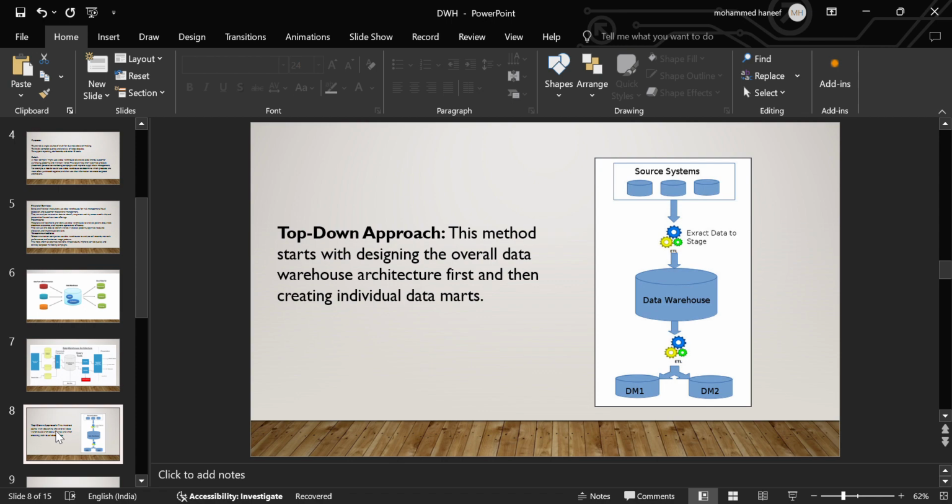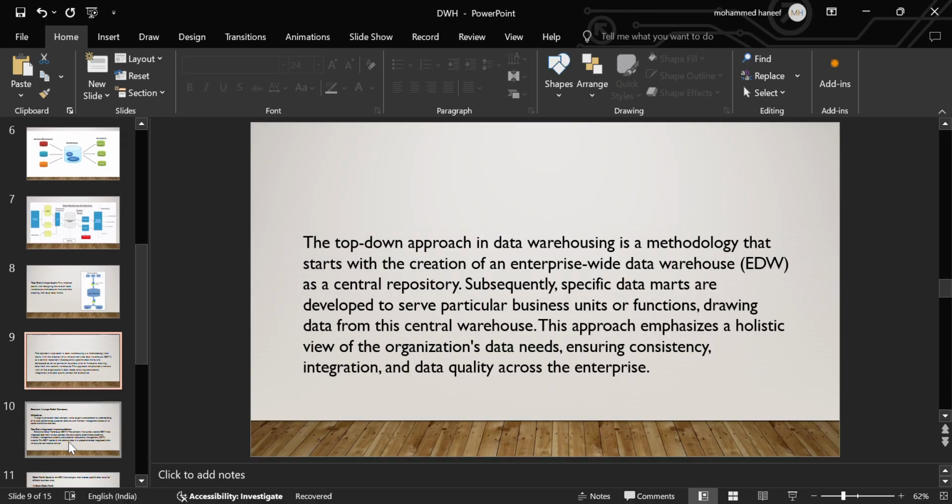From the top, you will be collecting data from the different source systems, loading it into the enterprise warehouse, and splitting it into different marts. Now, coming to the low level, the top-down approach in data warehousing is a methodology that starts with the creation of the enterprise data warehouse.